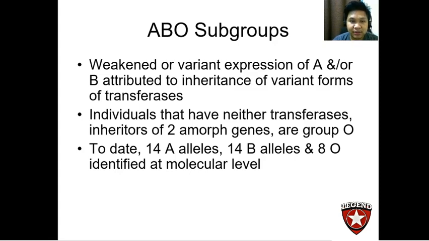ABO subgroups are usually of weakened or variant expressions of A and or B, and this is attributed to the inheritance of variant forms of transferases. Individuals that have neither transferases, which are inheritors of two amorph genes, are of your group O. To date, 14 A alleles, 14 B alleles, and 8 O alleles have been identified at a molecular level.